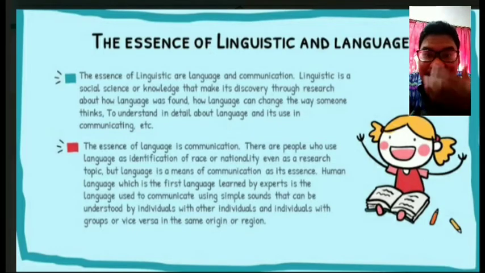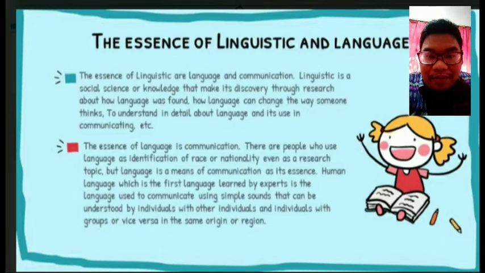And then the essence of language. The essence of language is communication. There are people who use language as identification of race or nationality, even as a research topic, but language is a means of communication as its essence.